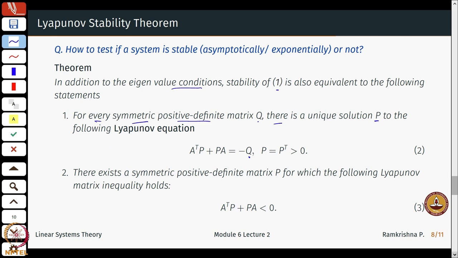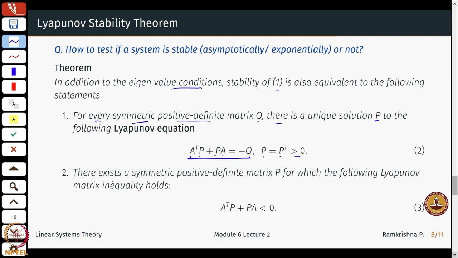Given Q, and A the system matrix, can I find a P? If a solution exists to this equation, then the system is exponentially or asymptotically stable. Moreover, the P is symmetric and positive definite. We will prove this.